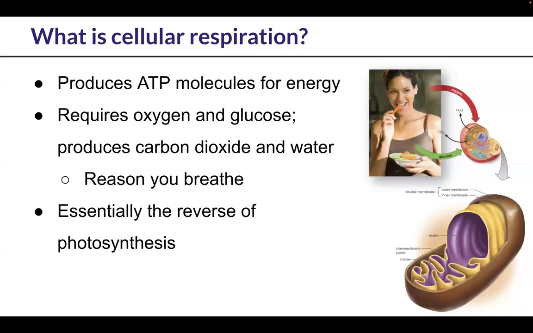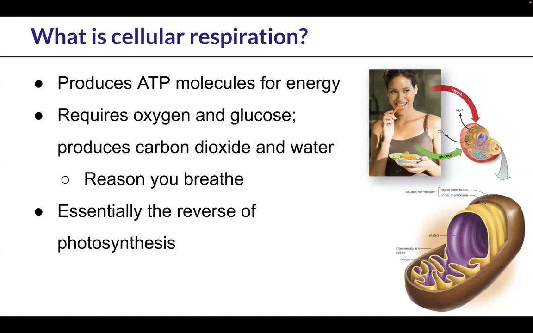Our body doesn't per se use carbohydrates for energy directly, but it uses it by converting the carbohydrates that we eat into a source that our cell knows how to use, which is ATP. To do this, we require glucose, which is the carbohydrate source, and we also require oxygen.